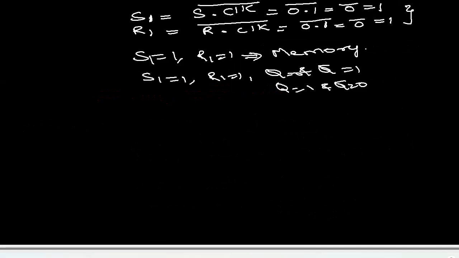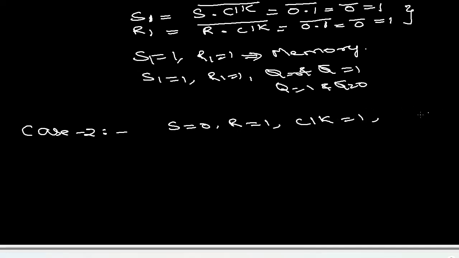Second case, S equal to 0, R equal to 1, clock always be 1, and we have to find out S1 and R1. So S1 equal to S into clock whole complement. So S value is 0, clock is 1.